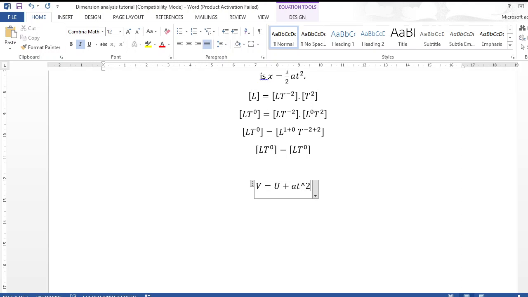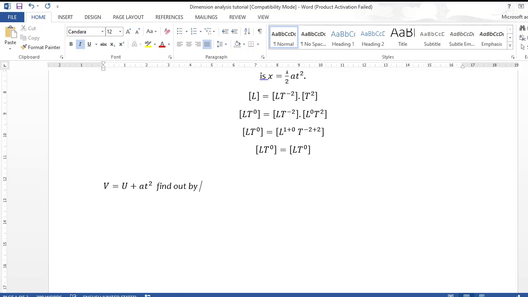That's the equation which we are given, and they are saying find out by dimension analysis whether the equation is correct or not.